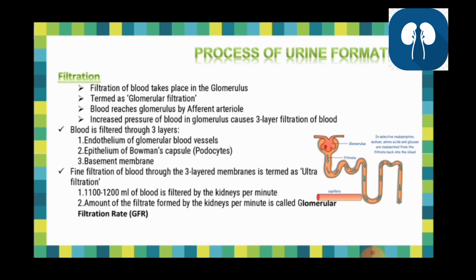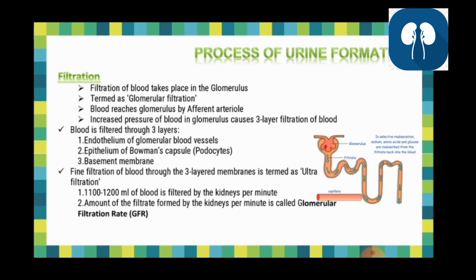The glomerular capillary blood pressure causes filtration of blood through three layers. The first one is the endothelium of the glomerular blood vessel, then the epithelium of Bowman capsule, and a basement membrane between these two layers. I repeat my words. The glomerular capillary blood pressure causes filtration of blood through three layers.